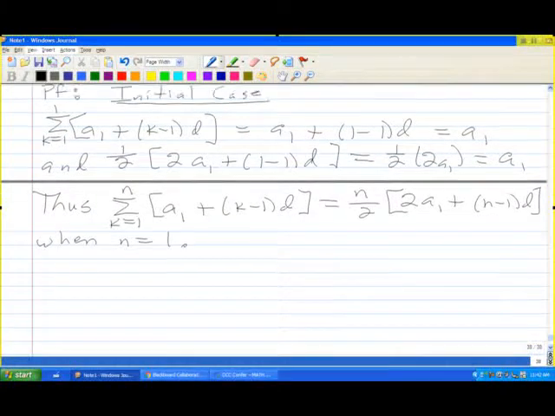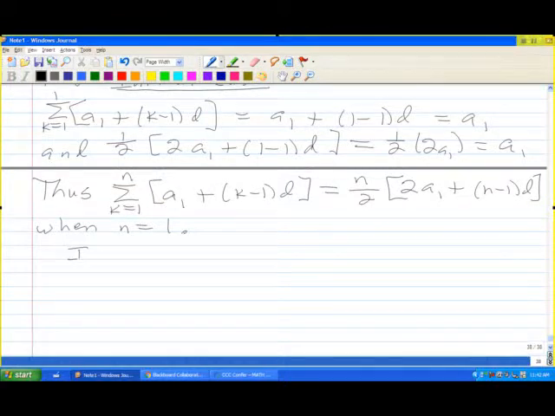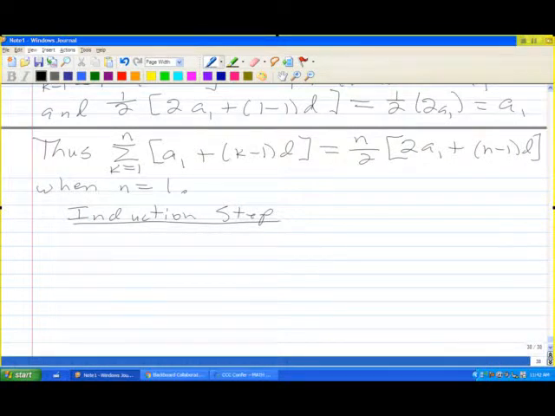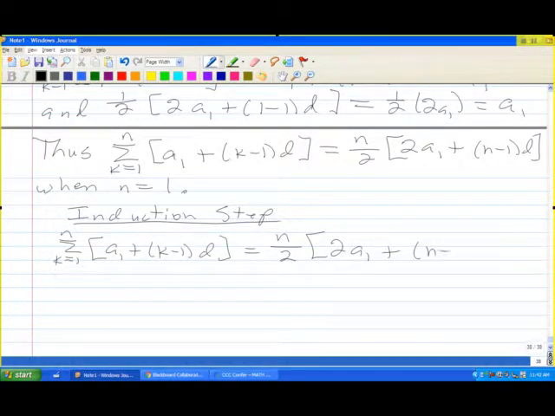And that's what I wanted to show for the initial case. And so let's do the induction case. The induction step. And so suppose that the sum k equaling 1 to n of a1 plus k minus 1 d is equal to n over 2 times 2a1 plus n minus 1 d.